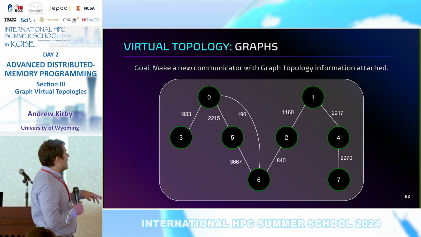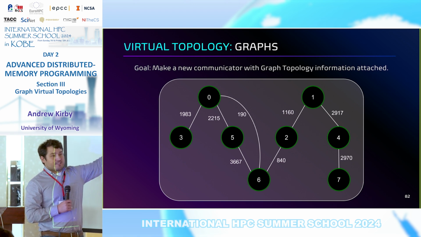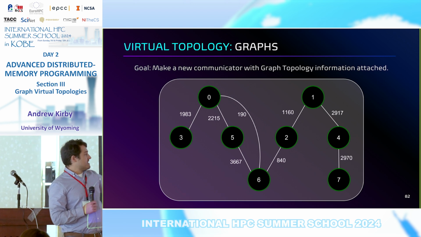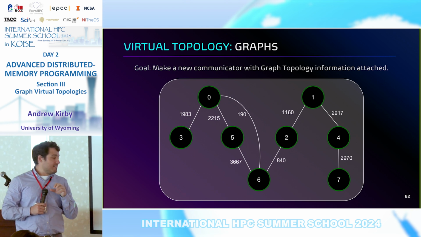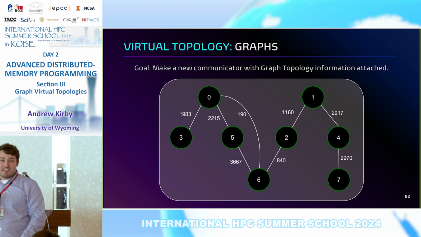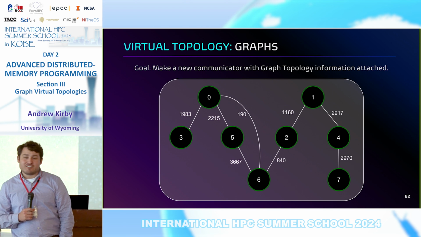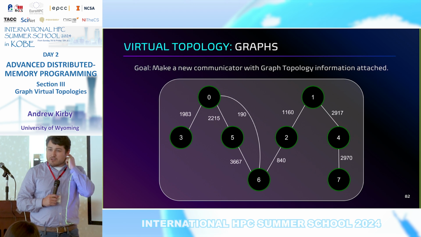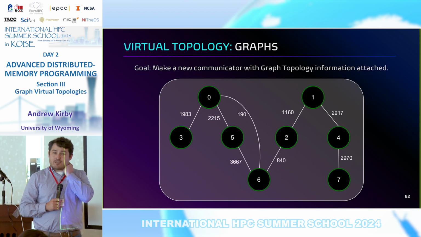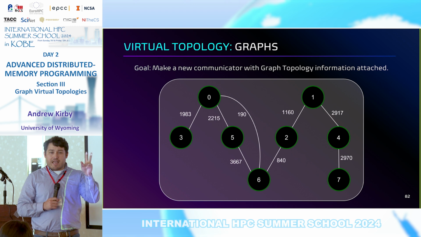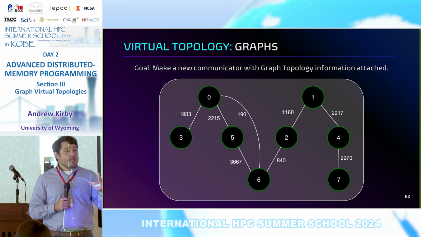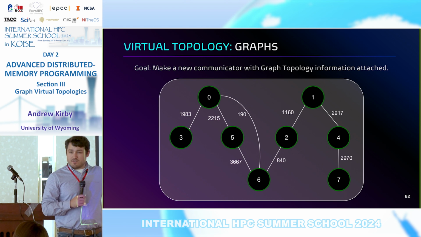So for example, rank 0 and rank 3 is going to have 1,983 units of communication. So within these topologies that we can build, we can actually embed this information. And then we'll see later about the actual reordering, like remapping of the rank orders. It'll take this into account, okay?